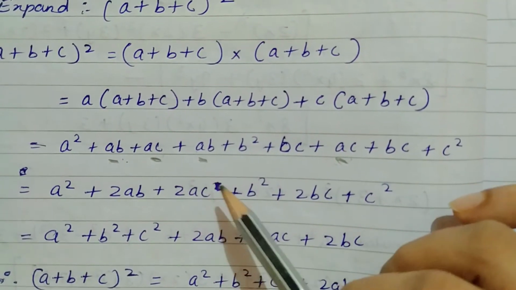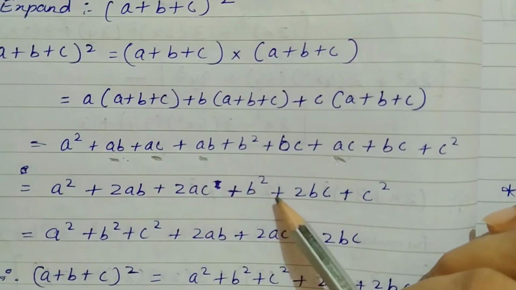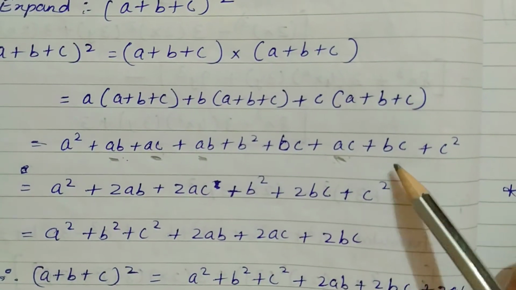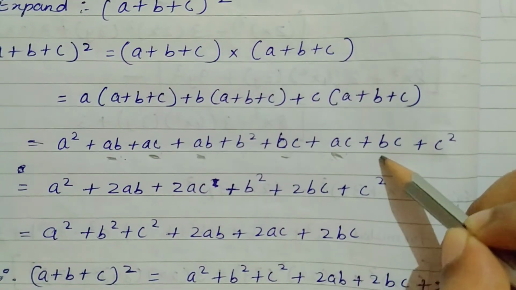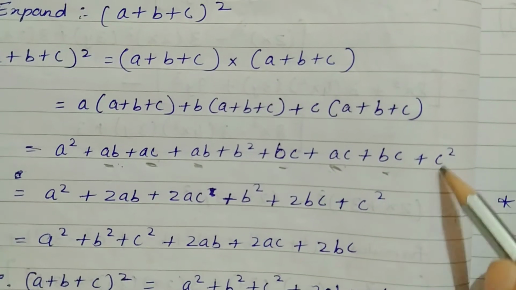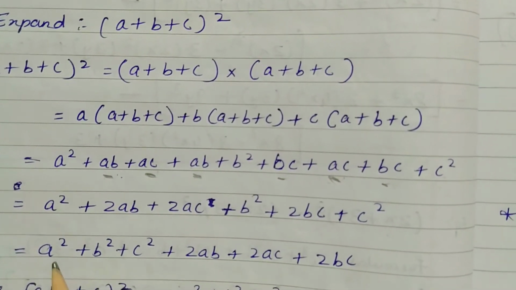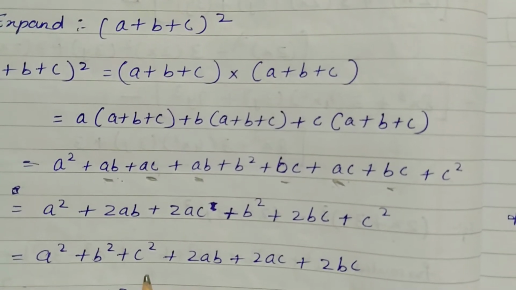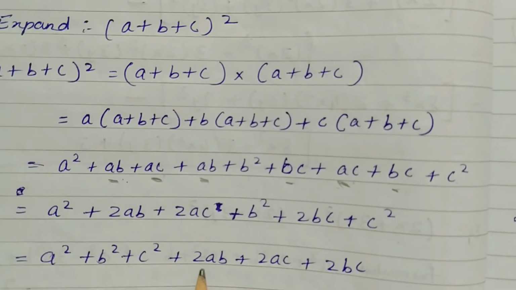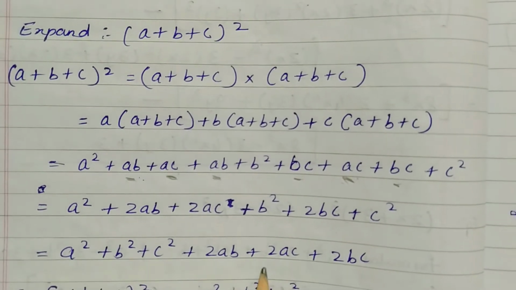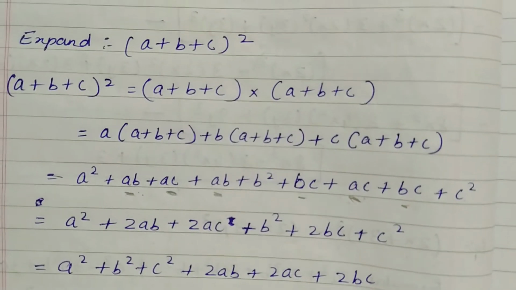Plus b square, plus bc and bc, 2bc, plus c square. So the answer will be a square plus b square plus c square plus 2ab plus 2ac plus 2bc.